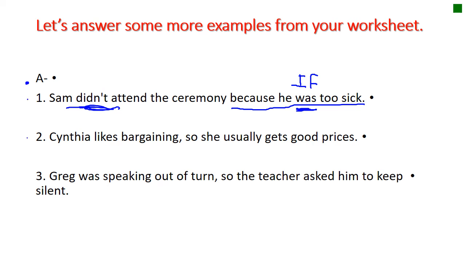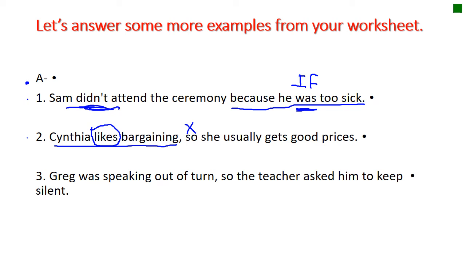This is number 2 now. Cynthia likes bargaining, so she usually gets good prices. What's the cause here? Cynthia likes, always circle your verb so you know where to start from. Cynthia likes bargaining, and this is the result. Of course, we need to remove the so. Okay, so where's the if part?